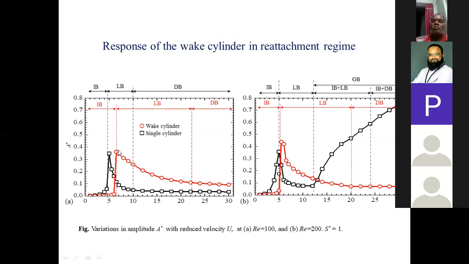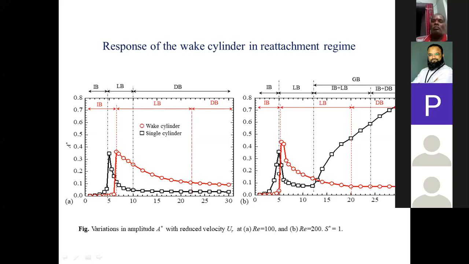So this branch is delayed here. But for the 200 case, when there is only one single cylinder, we observe the galloping branch. For this area, the amplitude was very high, but due to the presence of this upstream cylinder, we didn't get this galloping branch for this big cylinder here. But the amplitude is increased here.